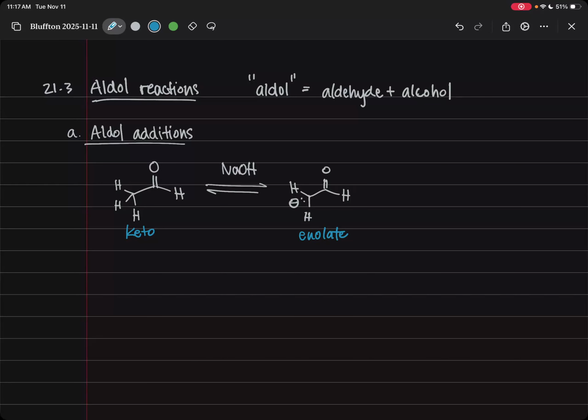If we look at the structures of these 2 molecules and we think about how they're going to react, just in a very general sense, the keto form is going to be electrophilic at that carbon, right? Because it's a carbonyl, just like any other carbonyl compound.